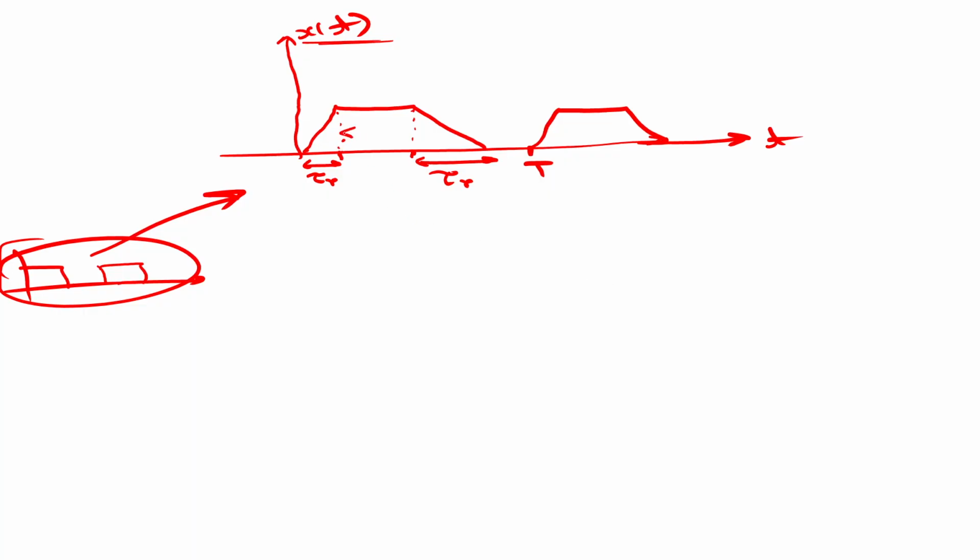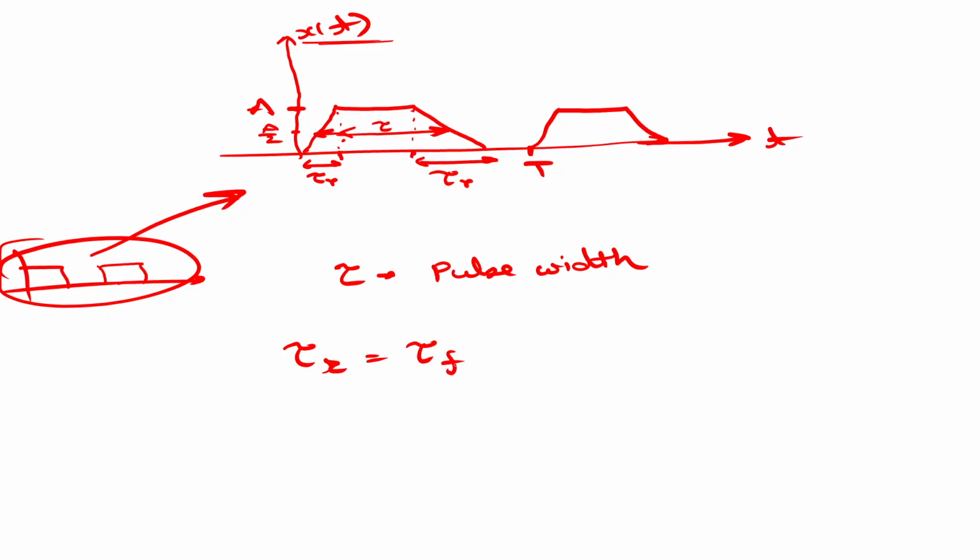This is A, so this will be A by 2, and this will be tau. So tau is the pulse width. For all the analysis in the lectures, the professor has discussed a trapezoidal pulse whose rise time is equal to its fall time.